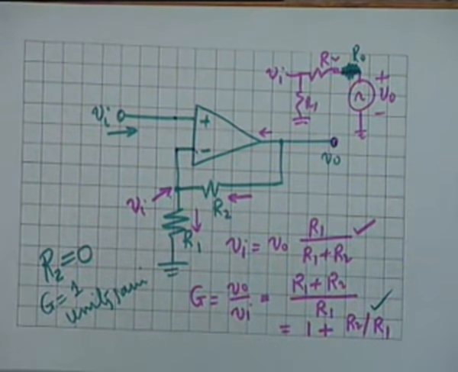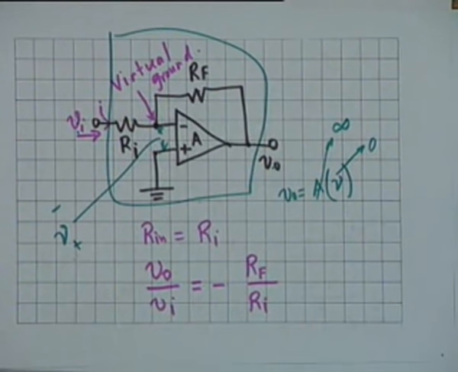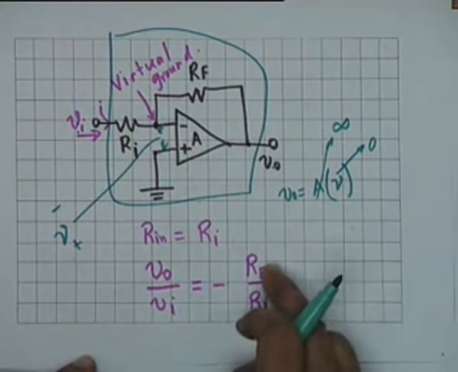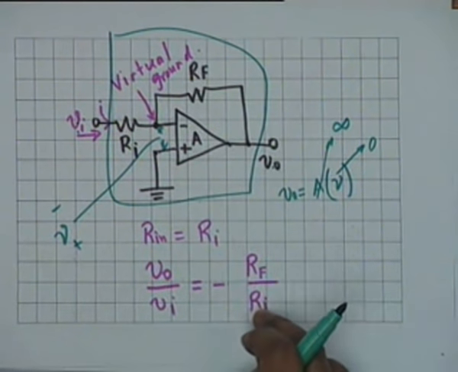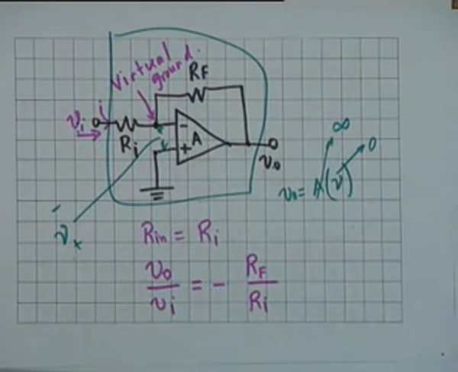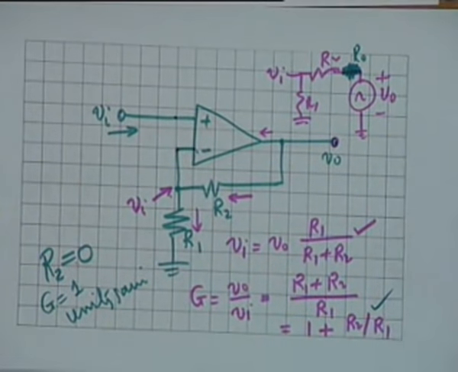If Rf is less than Ri, the gain would be less than unity. If Rf is greater than Ri, the gain is greater than unity. Whereas in the non-inverting configuration, it appears that you can only have a gain either 1 or greater than 1.